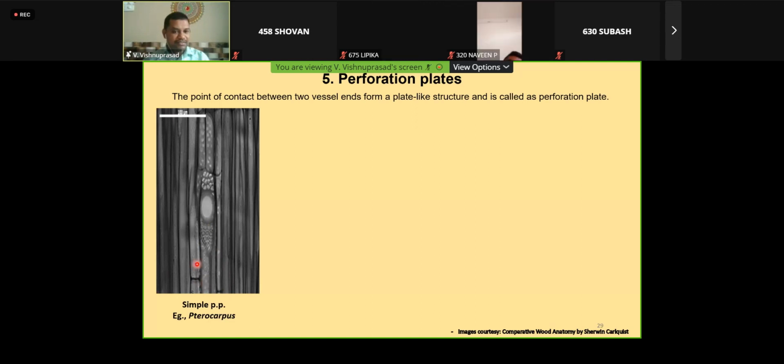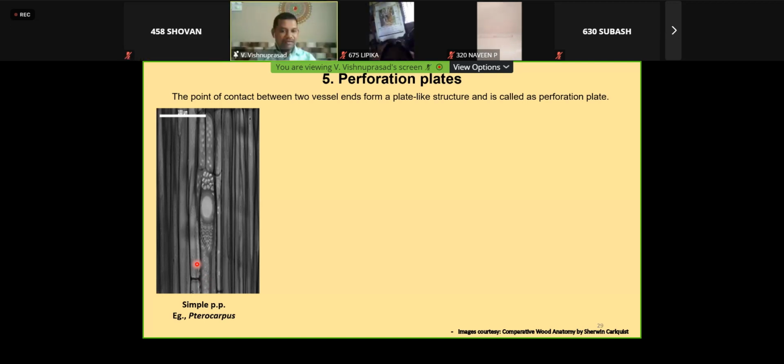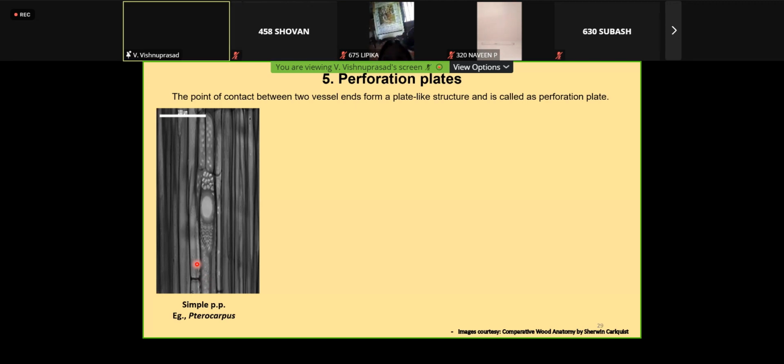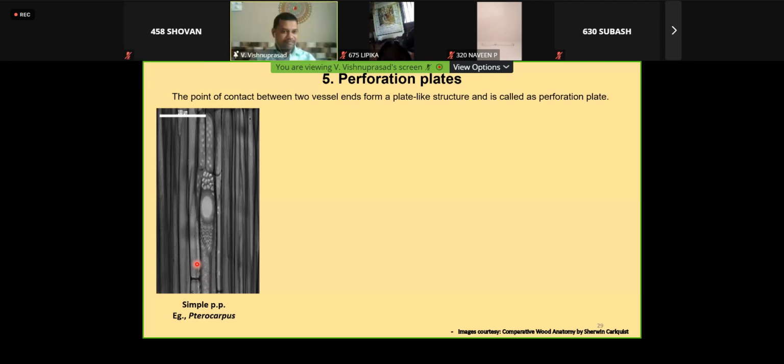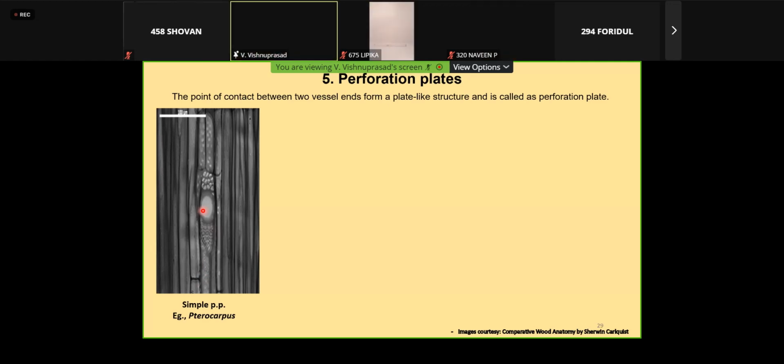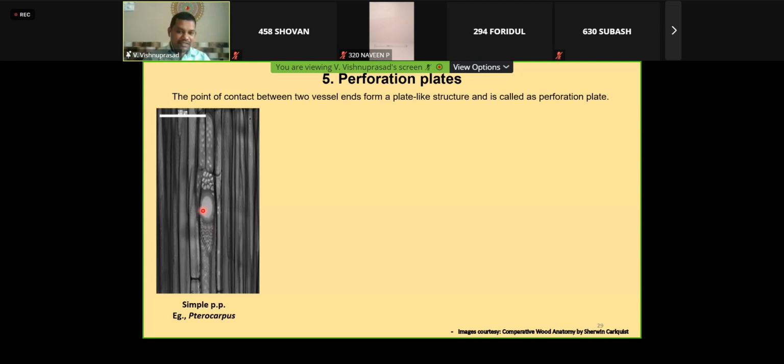Similarly, sometimes the perforation plate can be scalariform. That means there are ladder-like structures, as you can see, instead of just one opening. This is called scalariform. In the case of shrubs and all, you will find such species. Okay, Rhizophora, you can see that. Then this type is known as reticulate.